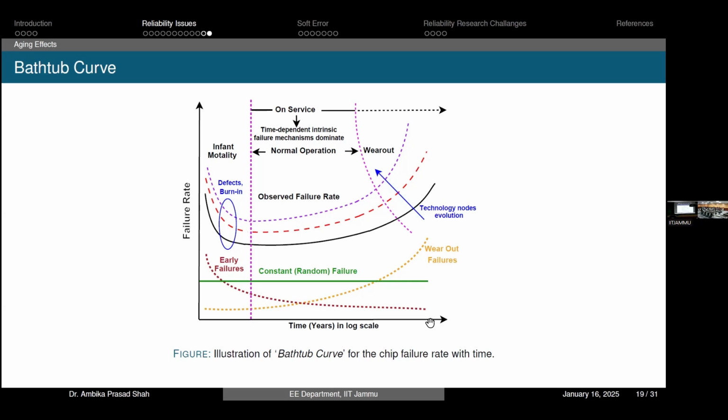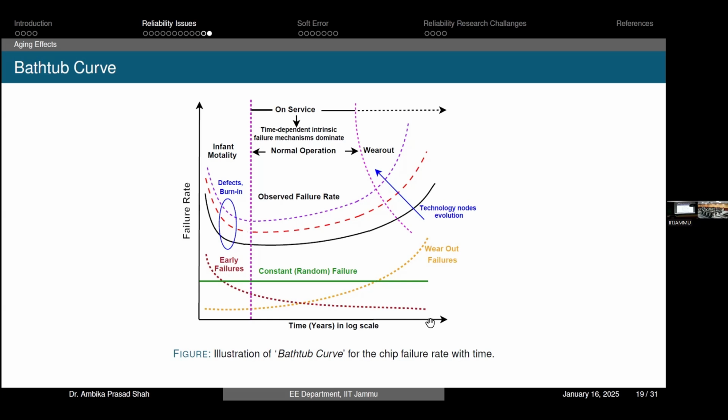But one more thing that you have to understand about what is happening here. One thing is important: if you change the technology, then with the lower technology the probability of failure will be higher. This is for older technology, this is for a bit newer technology, and this is for the newest technology.